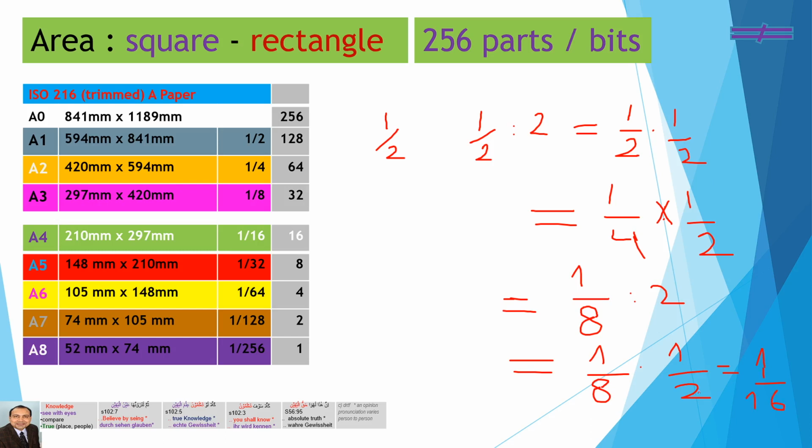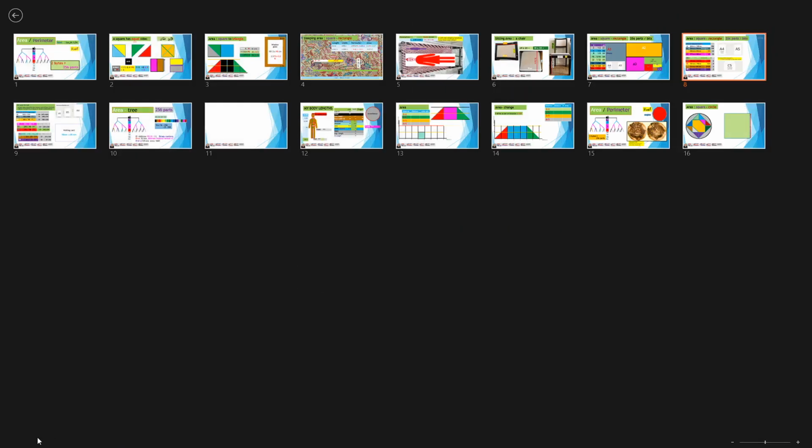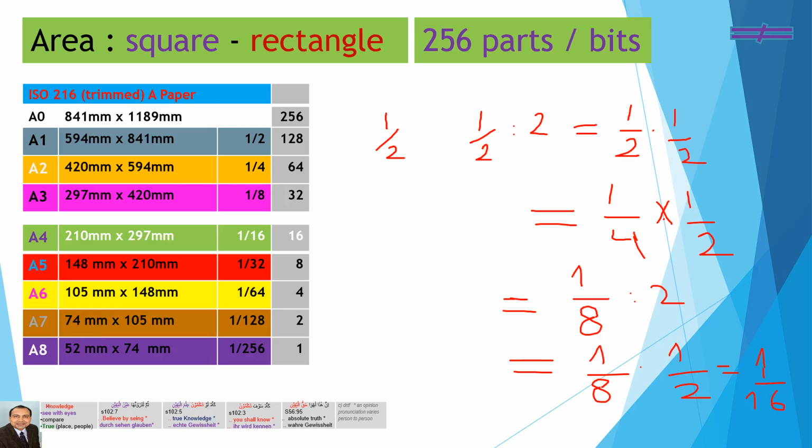So you will get here 1/16th part. And next step is 1/32 parts, and then next is 1/64, and the next one is 1/128 parts. And the next divided by 2, you have 1/256 parts.